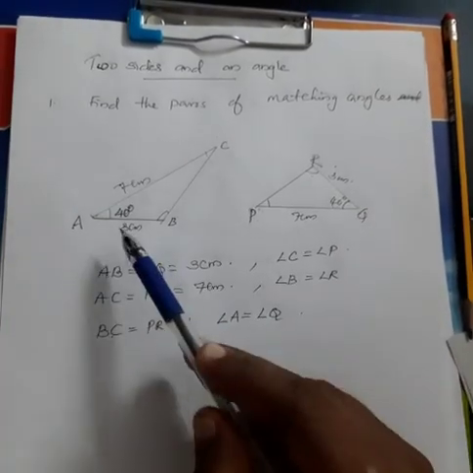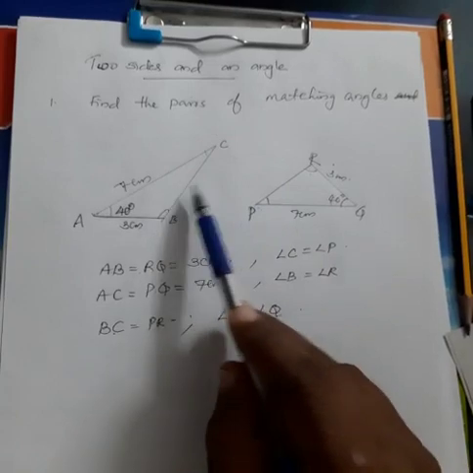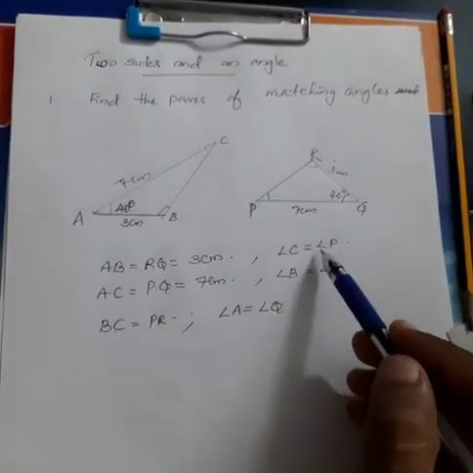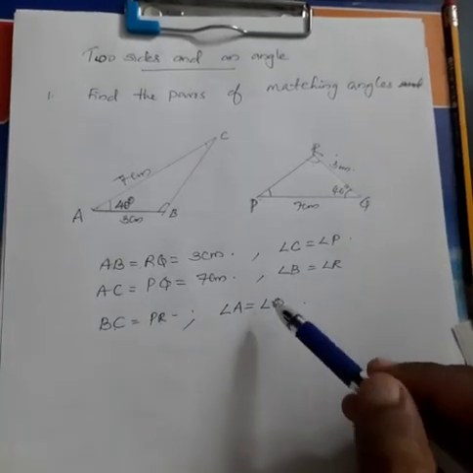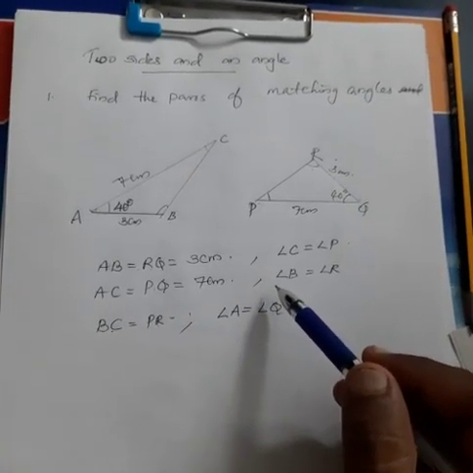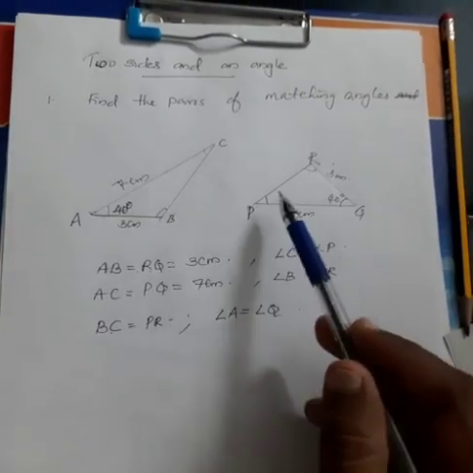Here two sides and the angle between are given, so both triangles are equal because all three angles and all three sides are equal.